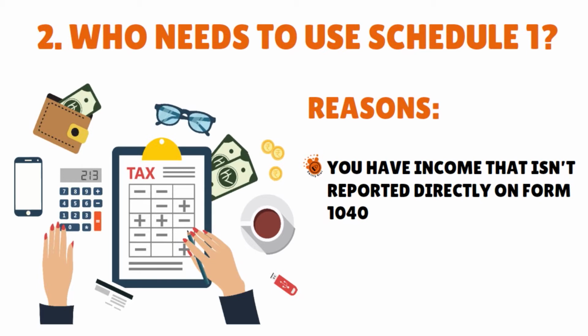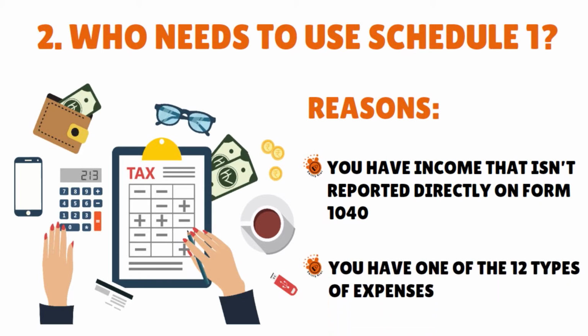Option 2, you have one of the 12 types of expenses that the federal government allows you to exclude from your taxable income, called adjustments to income. I will list them in a few minutes. But those are the only two scenarios where you use Schedule 1.